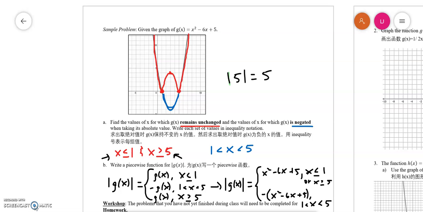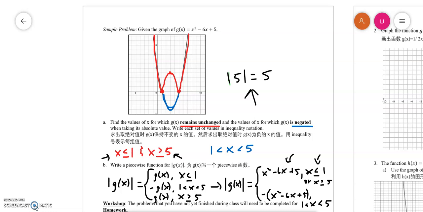So to summarize, look for the places where the function stays the same when the absolute value happens, and that's when the function's already positive. Because like we saw in an example, absolute value does not affect a positive number. And you'll write the original function and the domains where it was already positive.